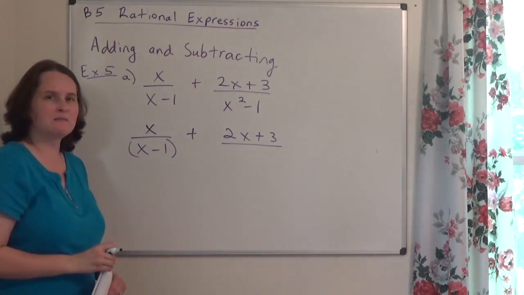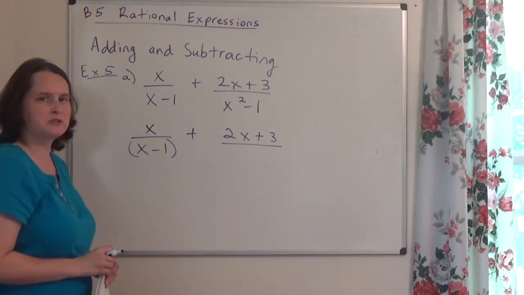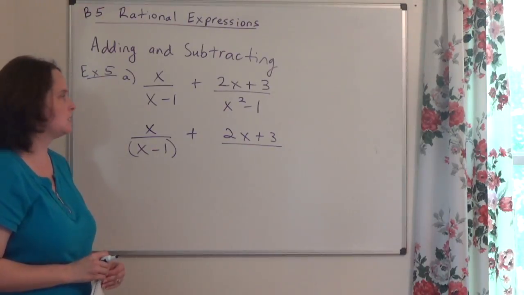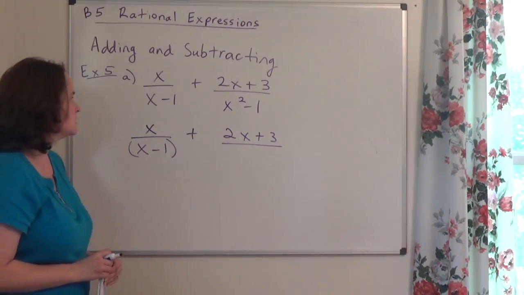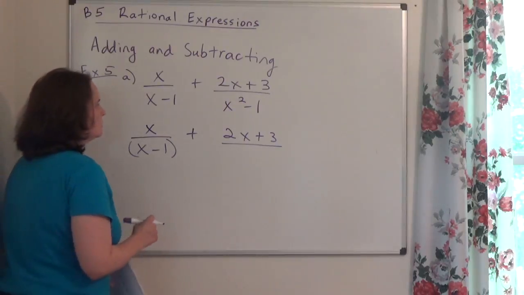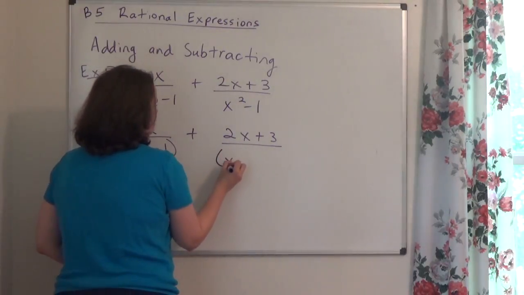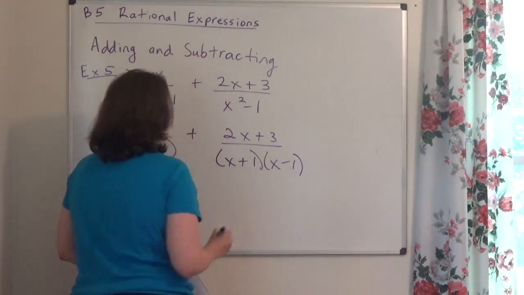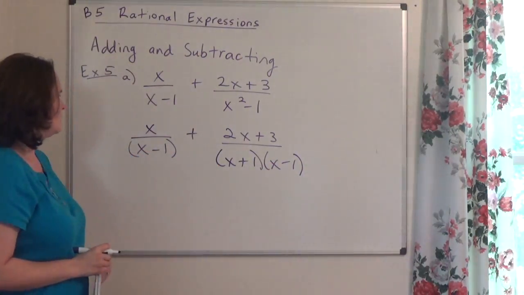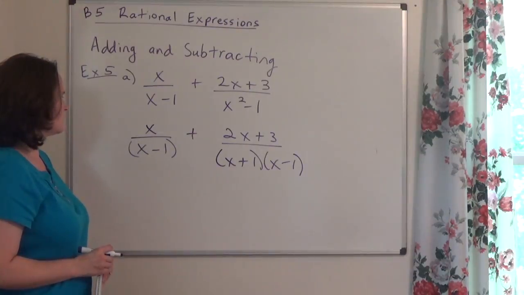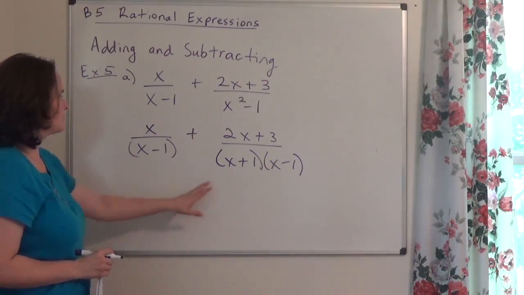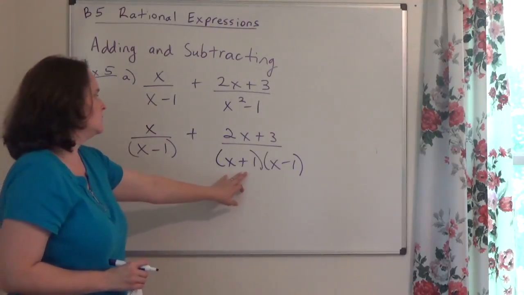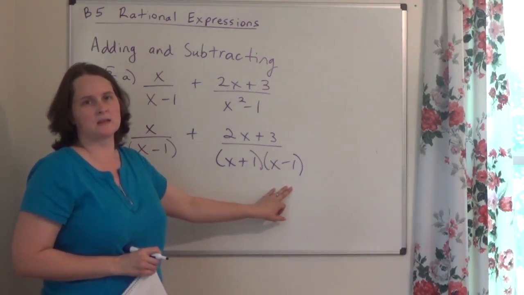And in terms of finding our common denominator, we're really not interested in factoring the numerator. We'll want to see what happens when we factor our denominators. Over here, if we factor this, it's going to be x plus 1 times x minus 1. Alright, so now we can see that the factors in our denominator include x minus 1, x plus 1, and then x minus 1 shows up a second time.